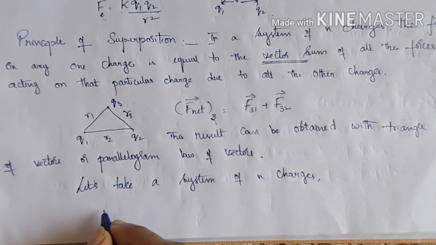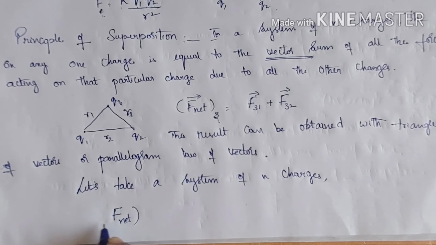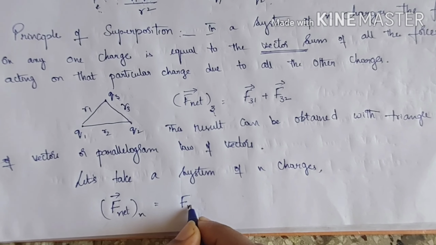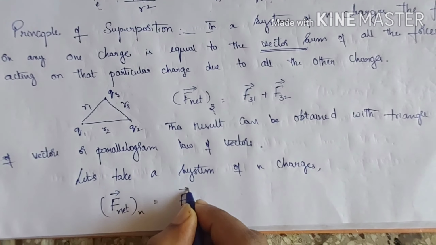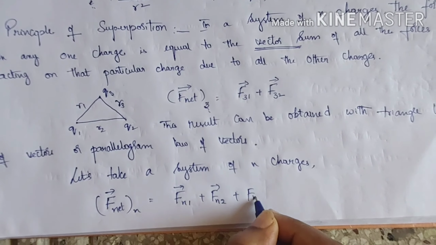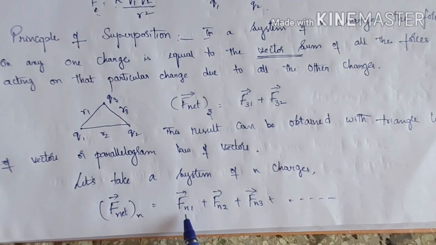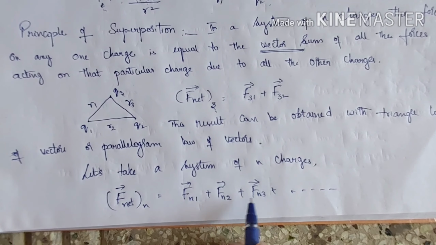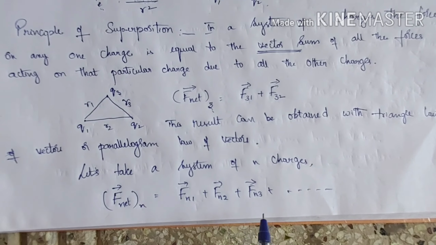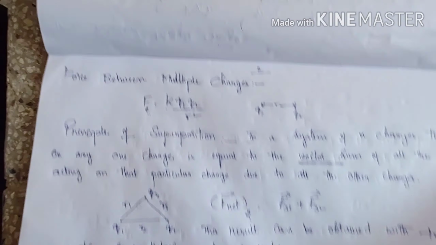How will you write the condition according to the principle of superposition? F net on the nth charge is equal to force on charge n due to 1 plus force on charge n due to 2 plus force on charge n due to 3, and so on. I have written all the forces as vectors: Fn1 bar plus Fn2 bar and so on. Now we'll see how to write this with Coulomb's law.